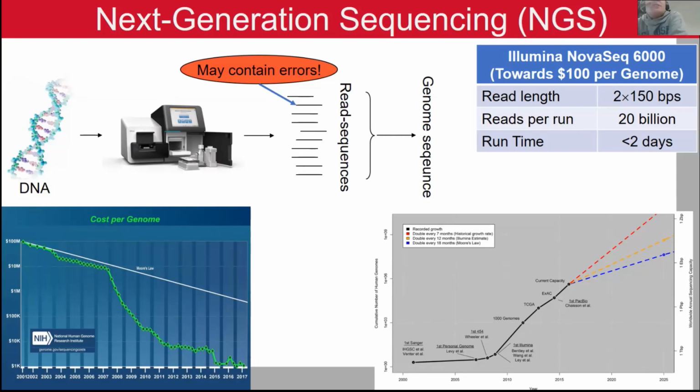This is based on Illumina systems. There are also other systems that you can use with a bit higher costs. And also the amount of produced data is, of course, growing rapidly in this area, as you can see on the lower right-hand diagram here.